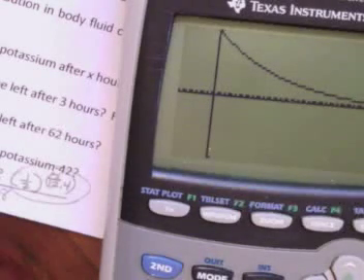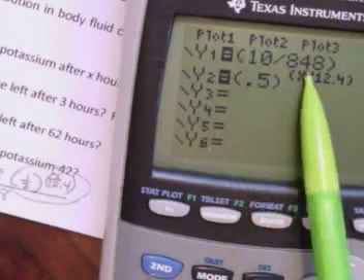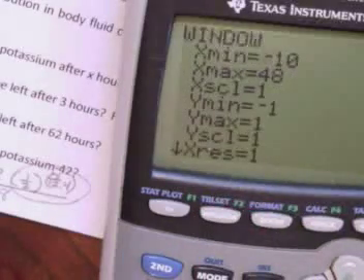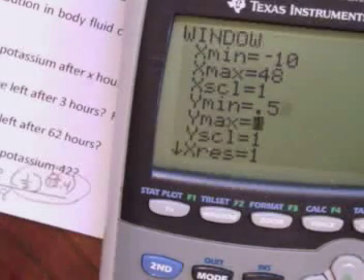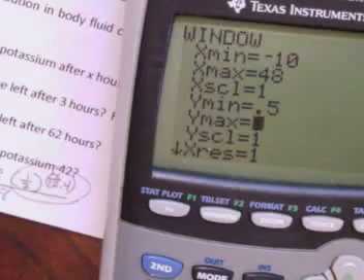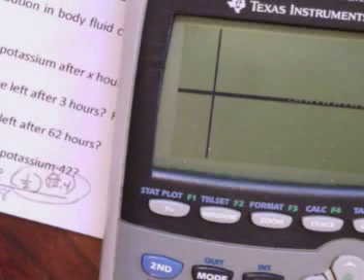There's my exponential decay curve coming down nicely. But I'm not seeing my line at all, the line represented by the 10 divided by 848. So let's see if I can get my window a little bit smaller. I'm going to do a y min of -0.5 and a y max of 0.5. And let's see if that helps at all.